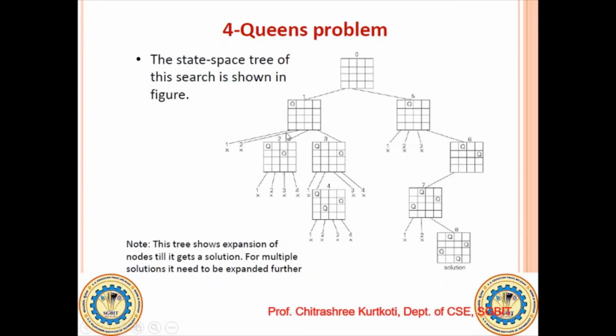Can it be placed in the second row, exactly next to queen 1? No, we cannot place it here, because that will not lead us to the proper solution. Hence it is marked as cross, which is a non-promising solution.